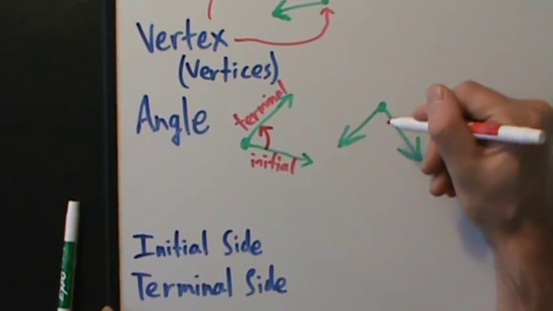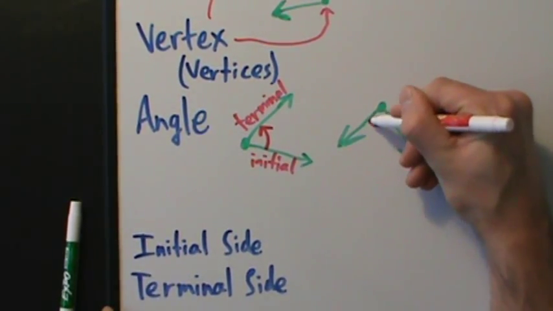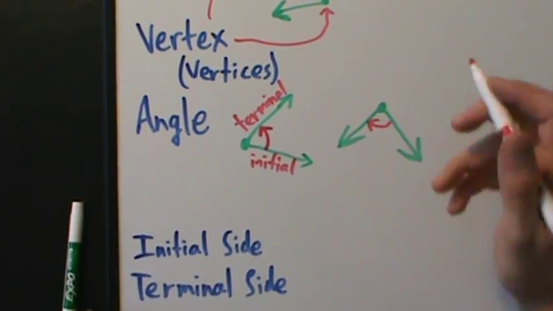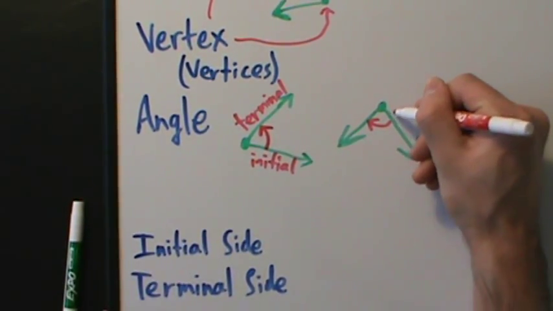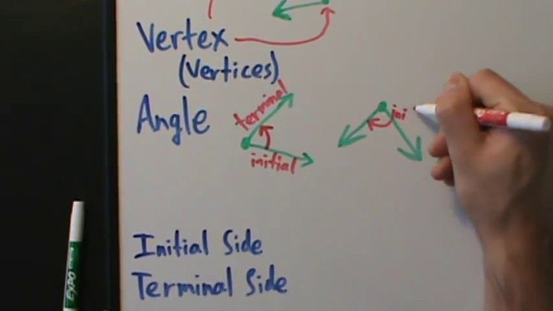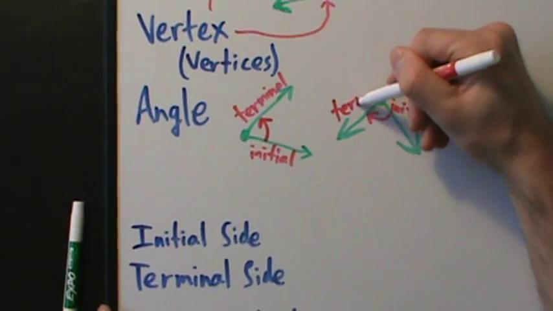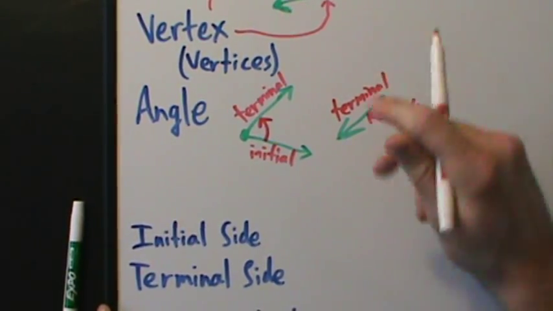Likewise, we can do the same kind of thing over here. This arrow indicates the direction of rotation. We started here, so this would be our initial side, and this ray over here is the terminal side.